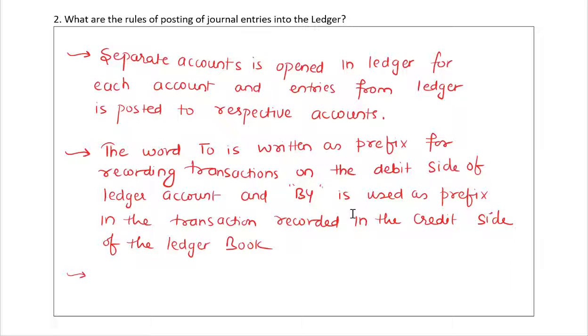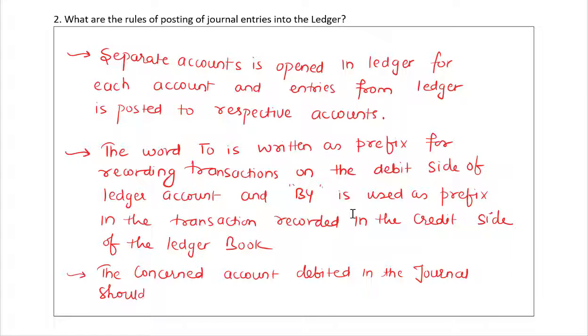The last one: the concerned account debited in the journal should also be debited in the ledger.